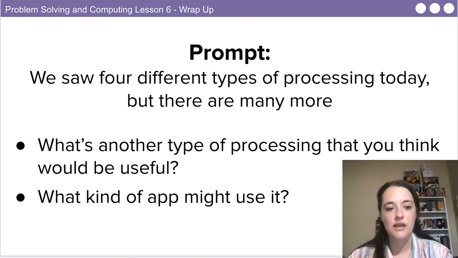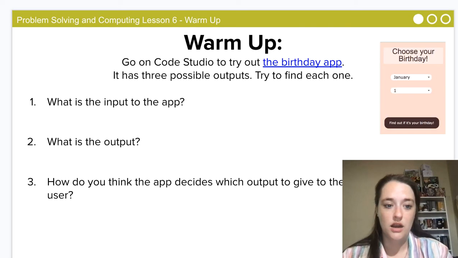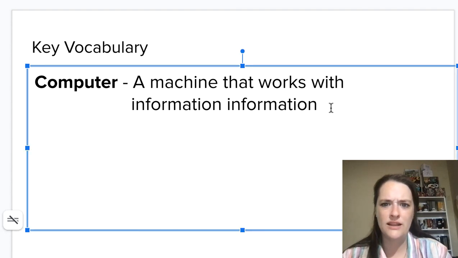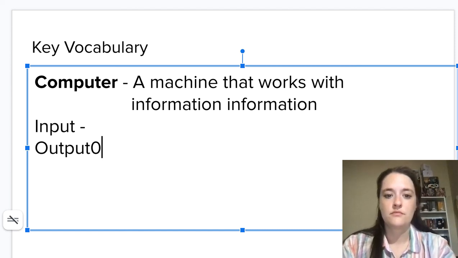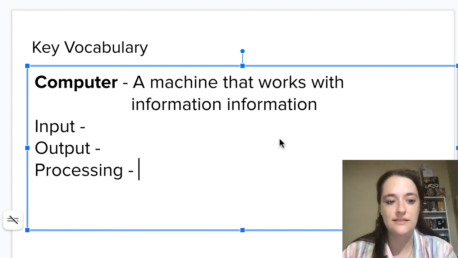You're going to answer them, and then you're also going to add processing to your vocabulary slide, along with input and output from yesterday, right? Okay, processing. So make sure you do those, and then that is it for this lesson.